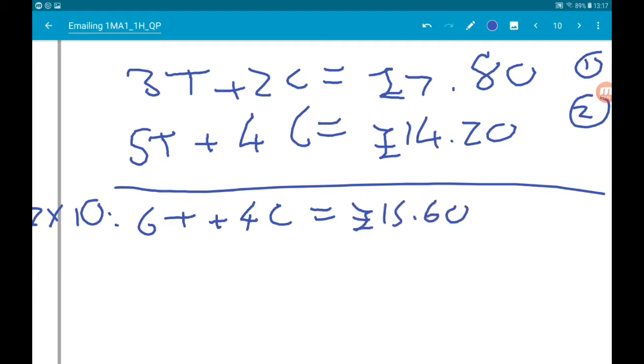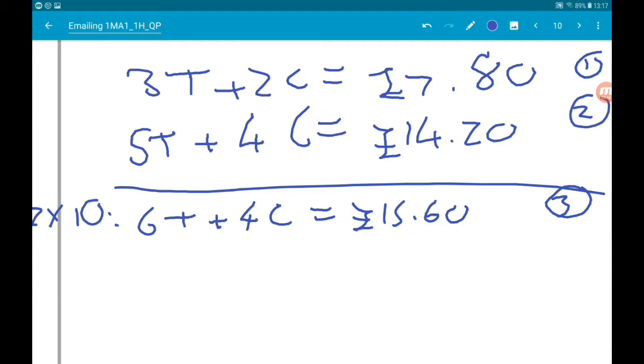Call that equation 3. Okay, so now that we have two equations with 4c, we can get rid of the c's. So the way that we do that is by subtracting one equation from another.